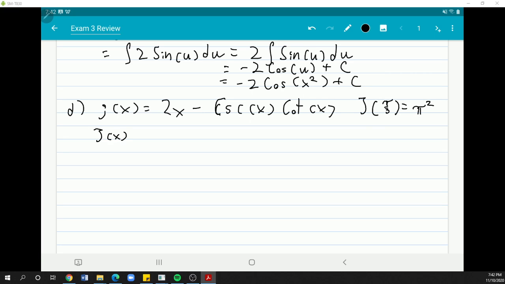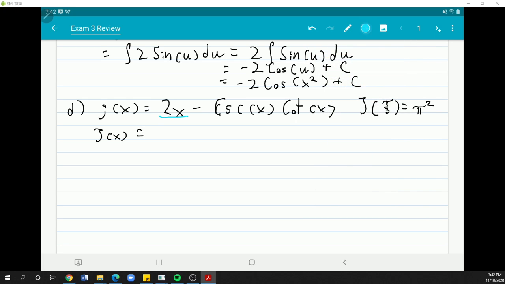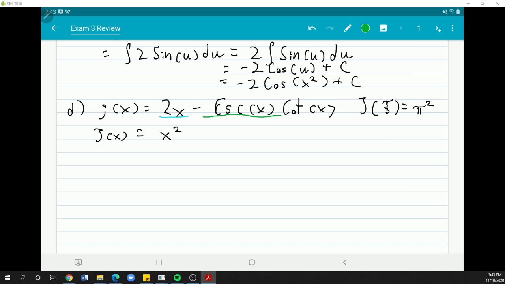So j of x, by the power rule, this 2x here becomes an x squared. This minus cosecant x cotangent x becomes plus cosecant x. And then I have to add in my constant of integration, plus c.